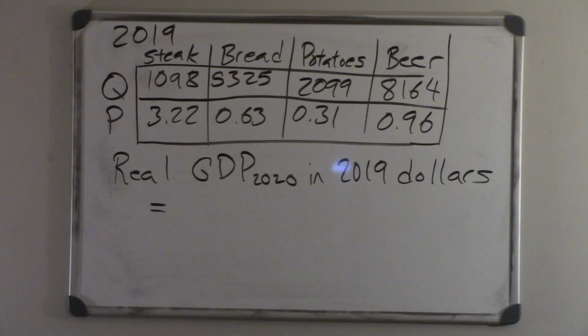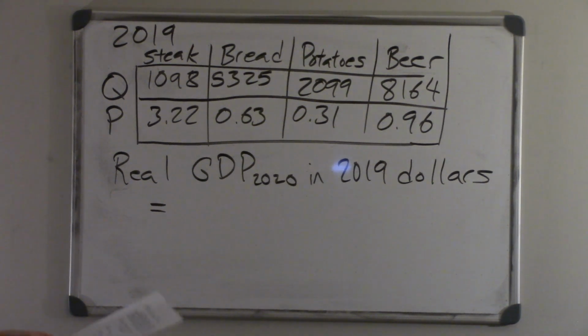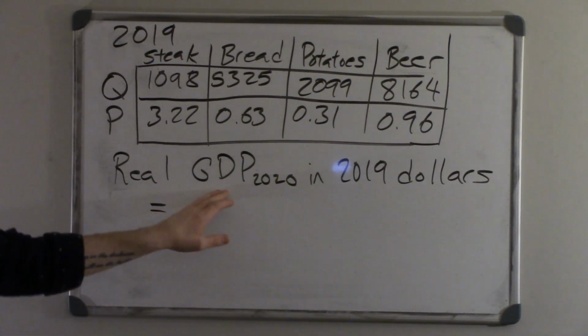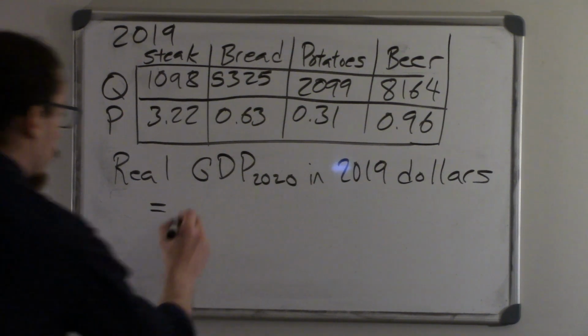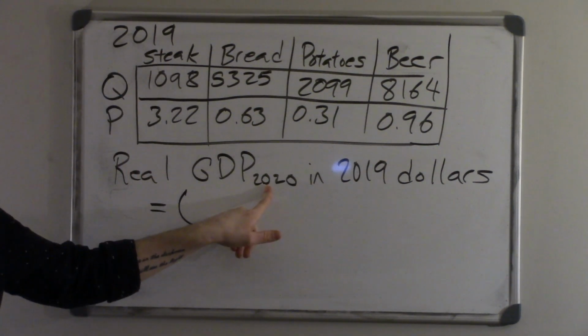Might just write it as real GDP 2020. We'll probably have an understanding of what the base year is, or I will have said somewhere else the base year is blank.